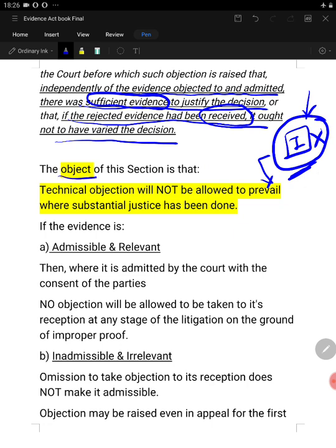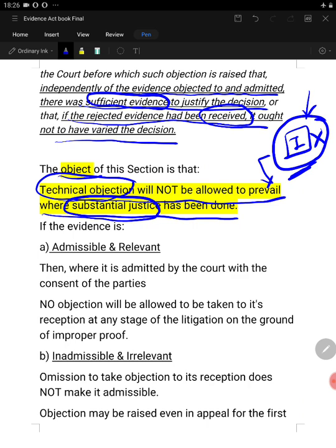The object or main reason behind this section is that technical objection will not be allowed to prevail where substantial justice has been done. So, if substantial justice has been done, then just because of some technical fault, the judgment need not be reviewed.